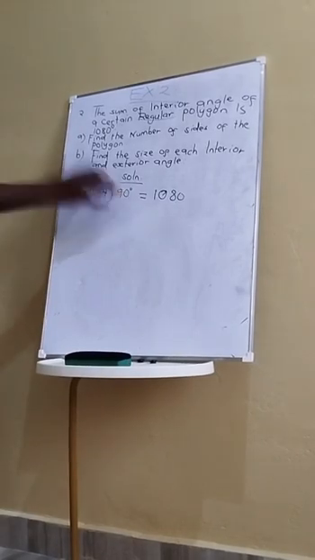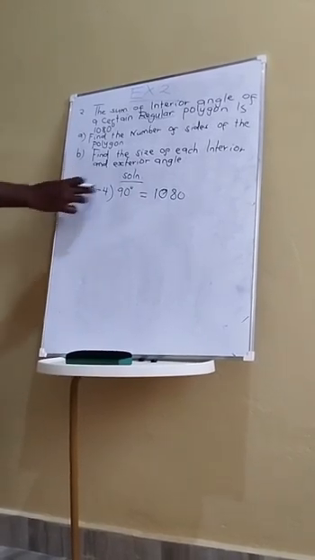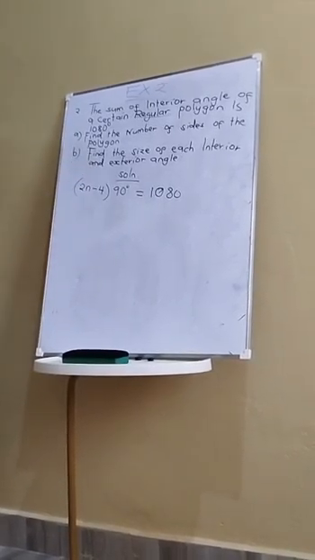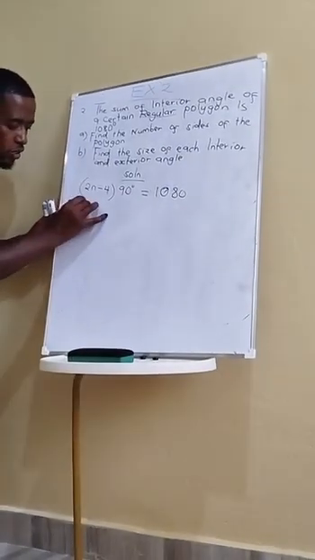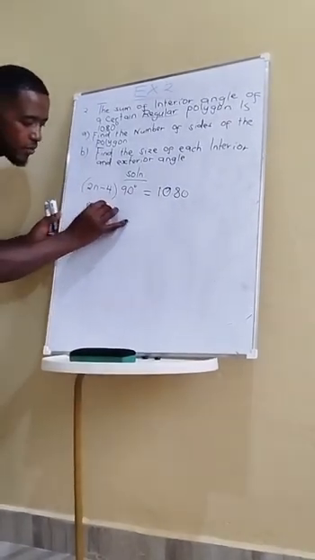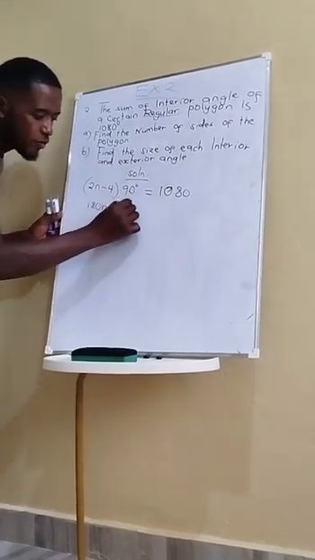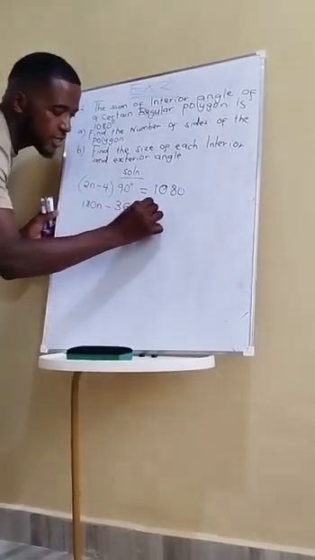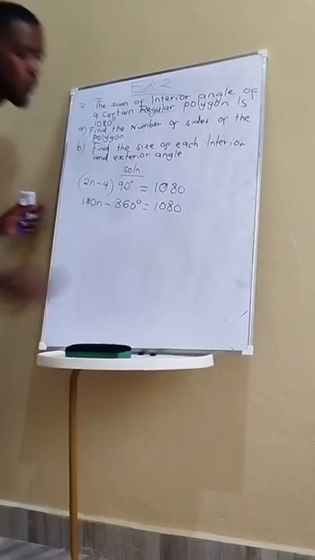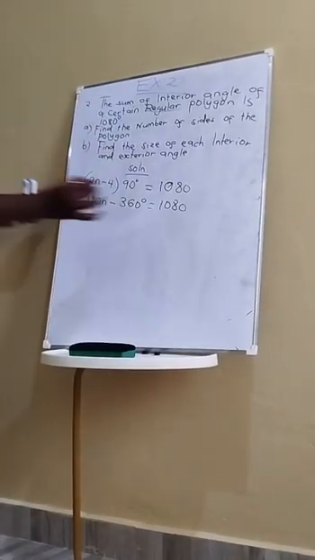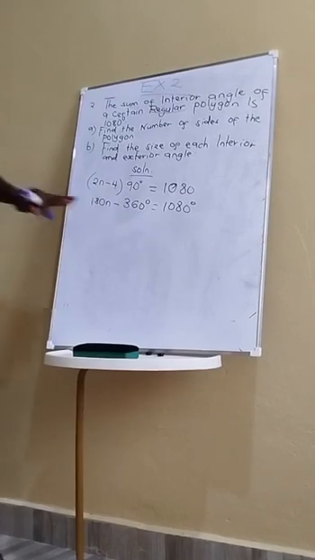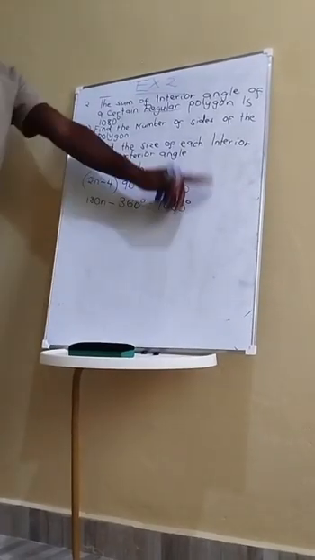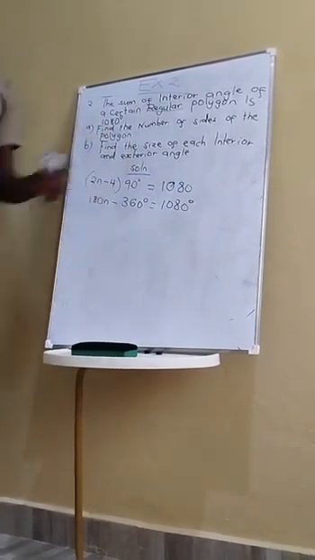Therefore, we open the bracket. Remember that a bracket in mathematics means multiplication or the product. So 90 times 2 is 180n, minus 90 times 4 is 360 degrees. This gives you 1080 degrees. So we take this 360 to the other side. Remember that whenever a term is negative, when it goes to the other side, it becomes positive.